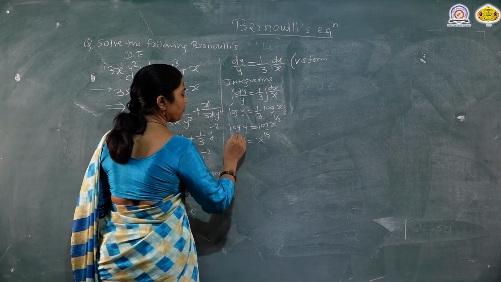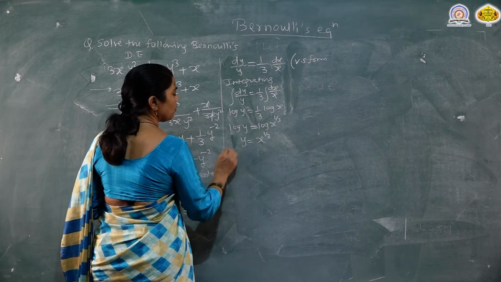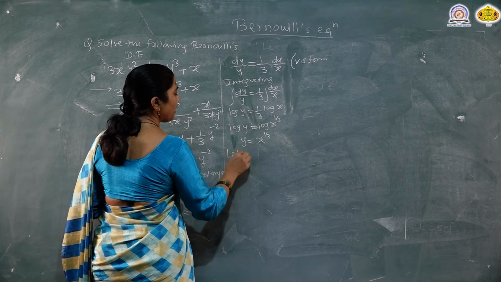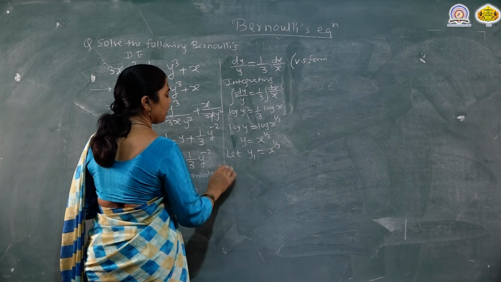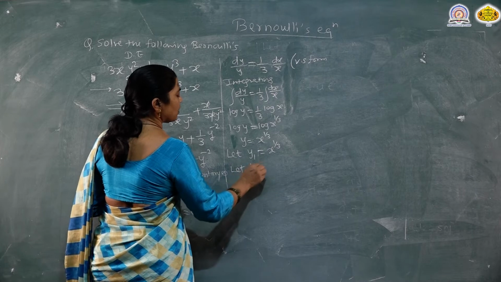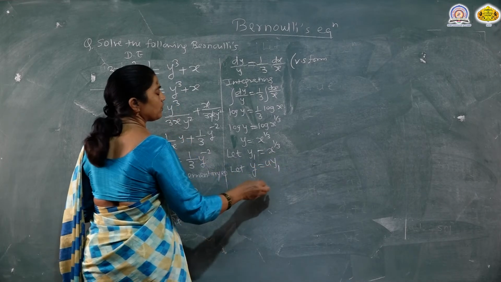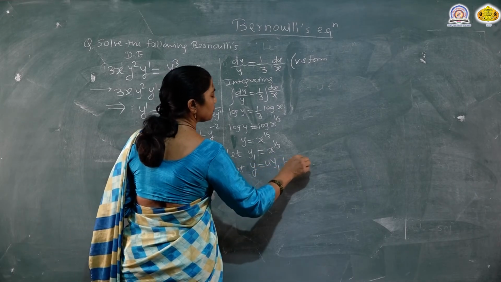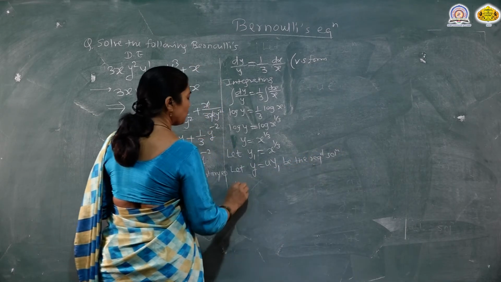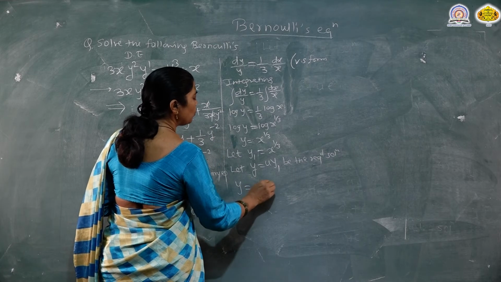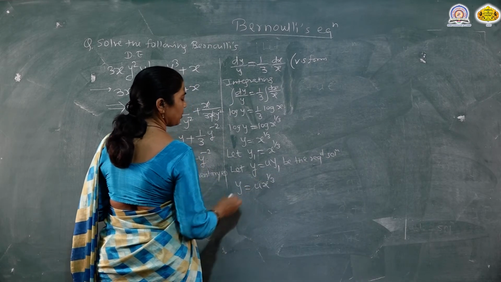Once you get the value of y, assume this to be solution y1. So let y1 is equal to x raised to 1 by 3, and therefore let us consider y is equal to uy1 be the required solution. So let us assume that y is equal to u into x raised to 1 by 3.